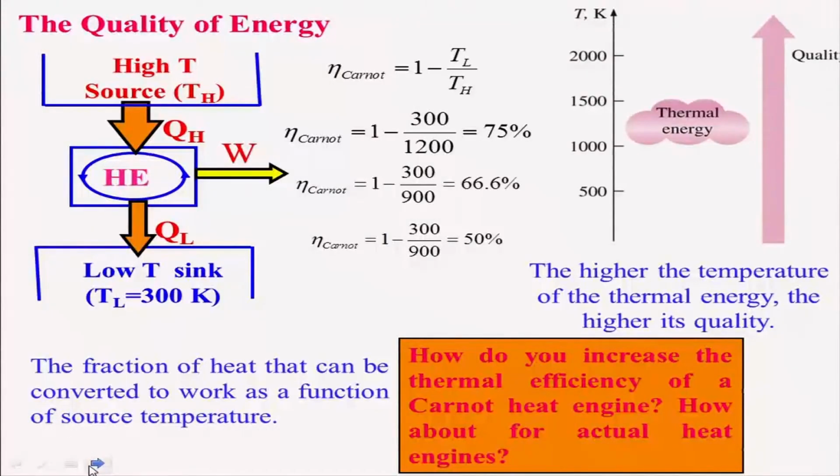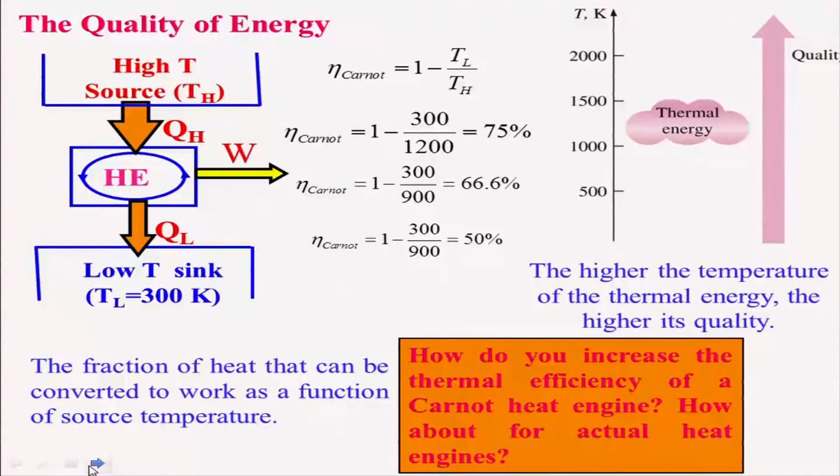But from this example, what we are learning is that if the heat energy is available at a higher temperature, then its quality will be higher as compared to energy available at a lower temperature.